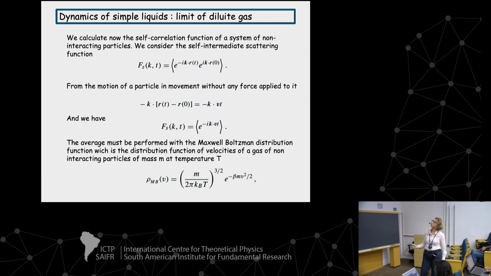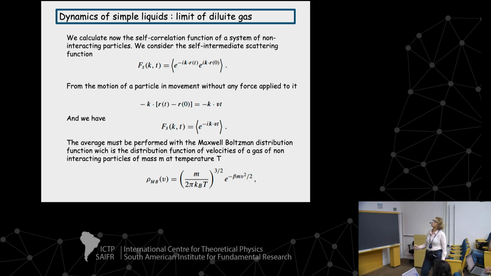So when I tell you that I'm looking at this limit, this means that this behavior will be the behavior of the correlators, for example, of water, at the very beginning of time when they are still ballistic. When they are still ballistic, they behave like an ideal gas, okay? So no correlation. Okay, so let's look at the behavior of the self-intermediate scattering function.